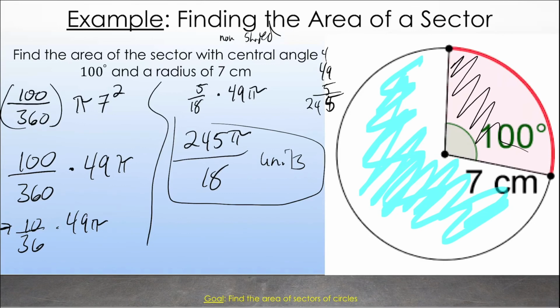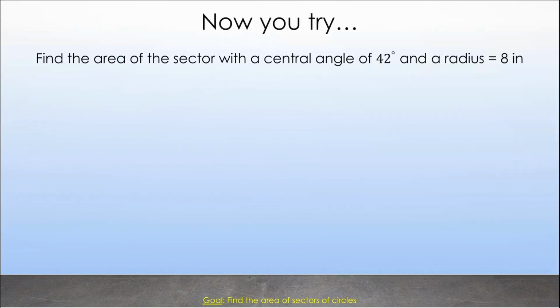So when I do my central angle, I would have to say 360 minus 100. So this part right there would be 260 degrees, and that would be my ratio that I put here, 260 divided by 360. So just be very careful about which part of the circle they're asking for.